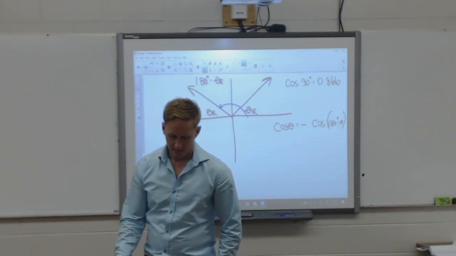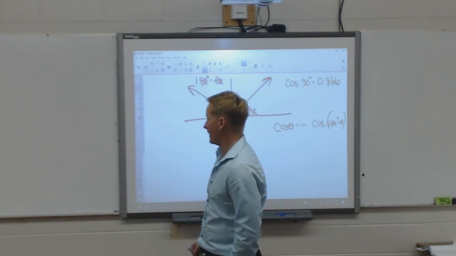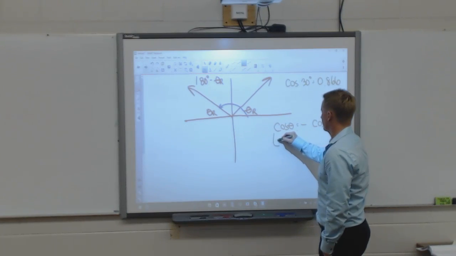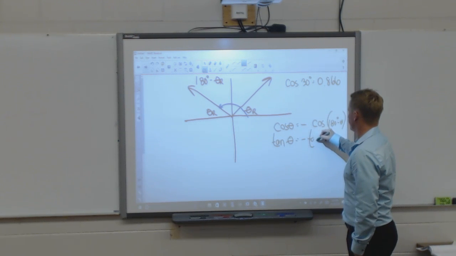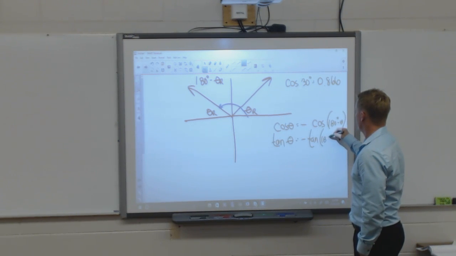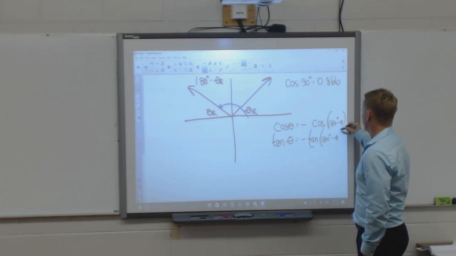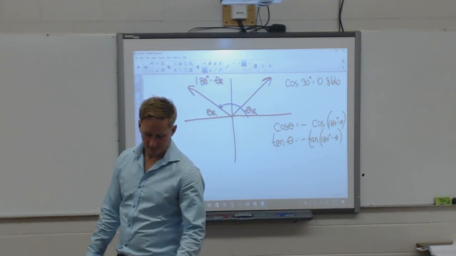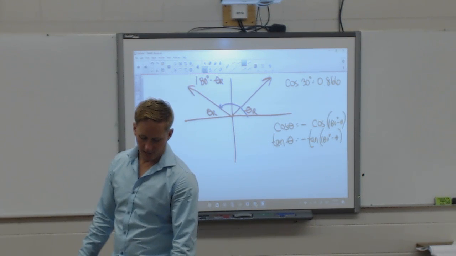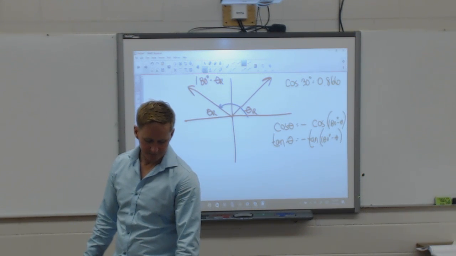And tan works the same way as cos. Did I say sine? Thanks, yes, cos. So that just takes care of the first part of it.